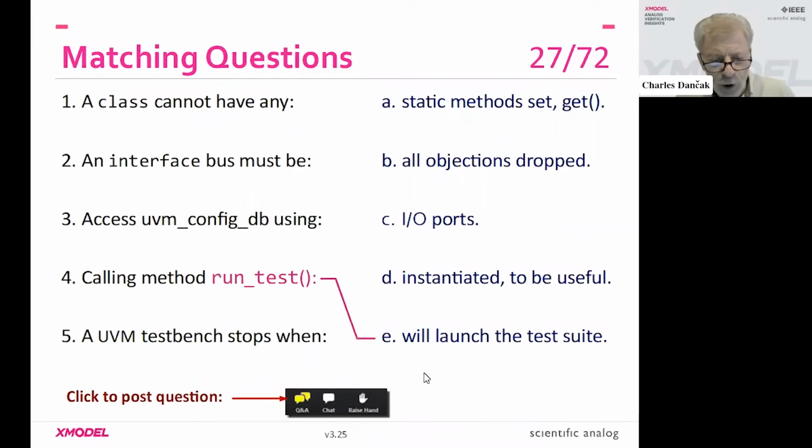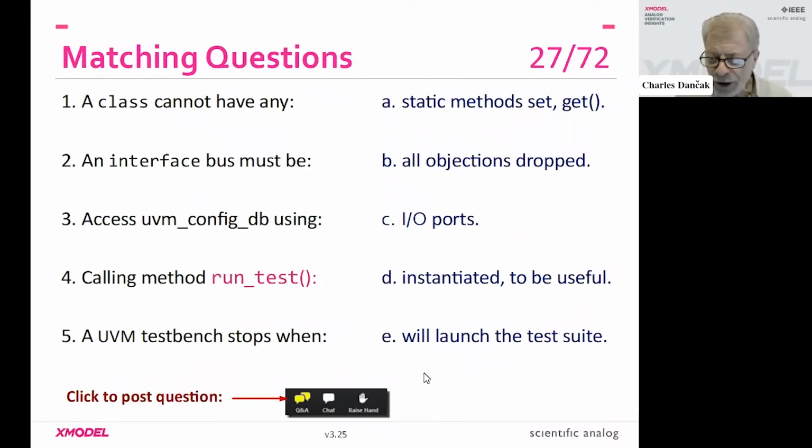And 4, we'll get into this in more detail in section 7, we have to call run test from the top level test bench to actually launch the test suite and make the simulation go. And 5, a UVM test bench usually stops. Usually we don't call $finish manually. Instead, the machinery waits till all objections have been dropped.